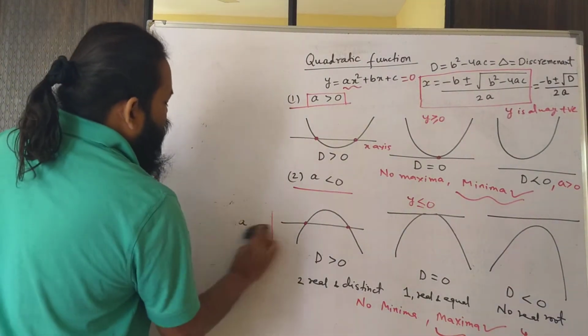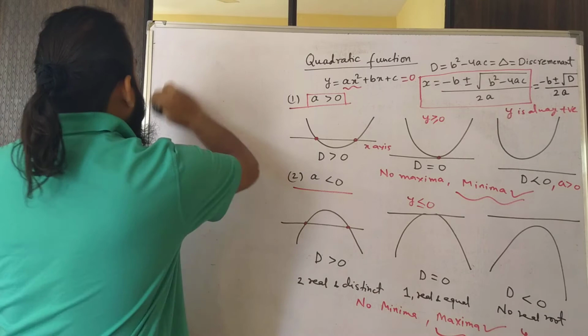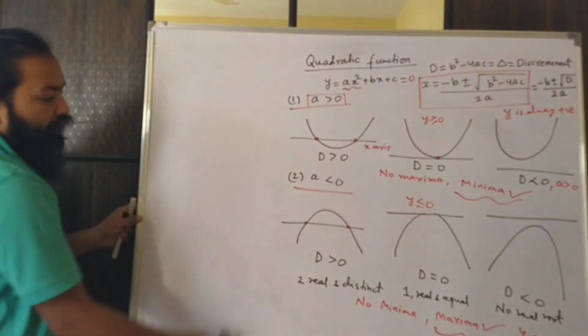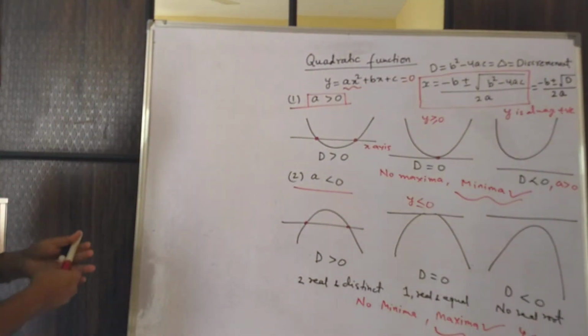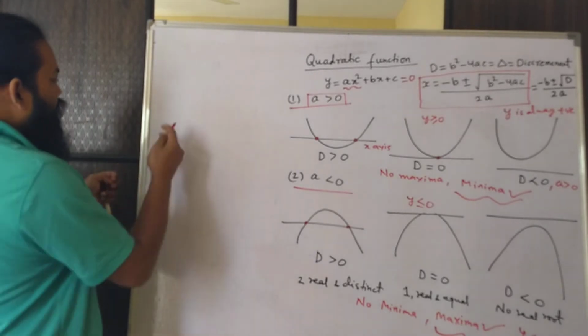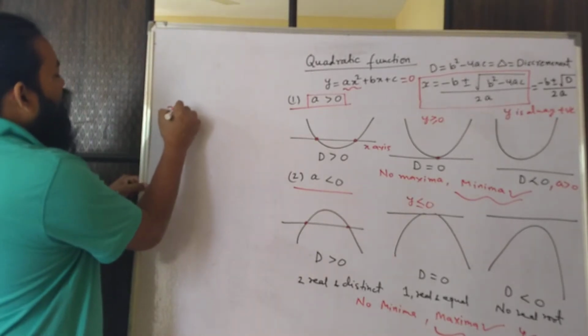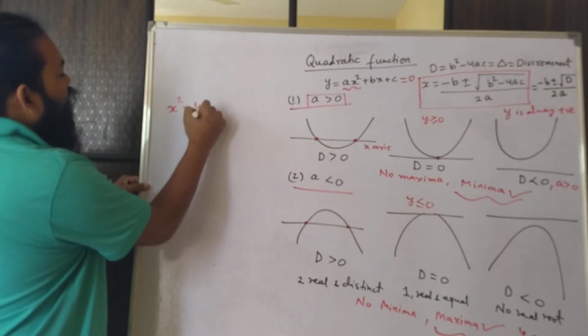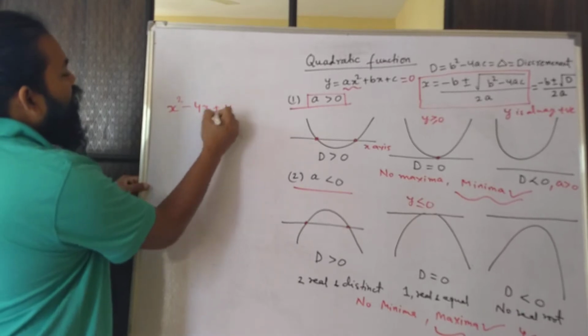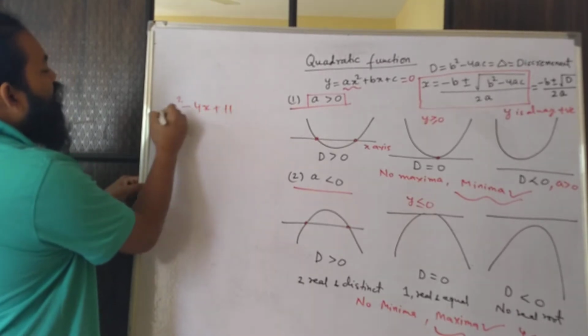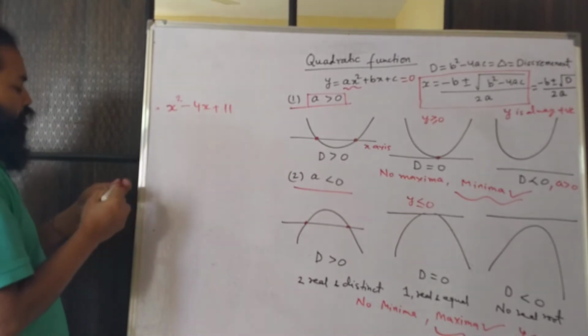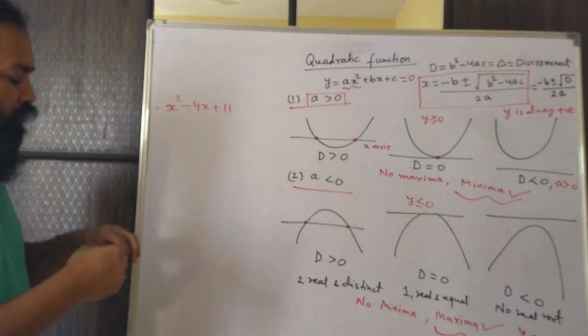Now let me take a question and solve it in 3 different ways. You can obviously do it by formula also. So the question is, we have to find the maximum or minimum value of x square minus 4x plus 11. Find either the maximum or minimum value.